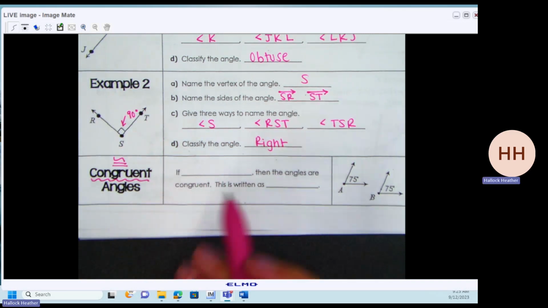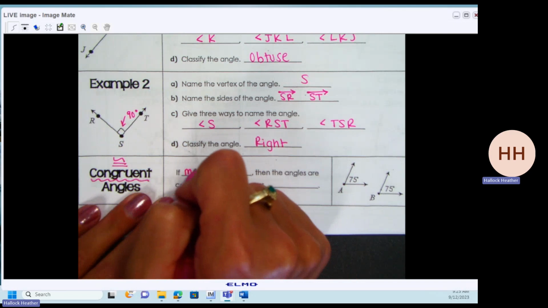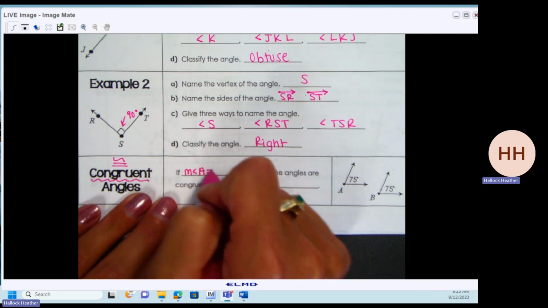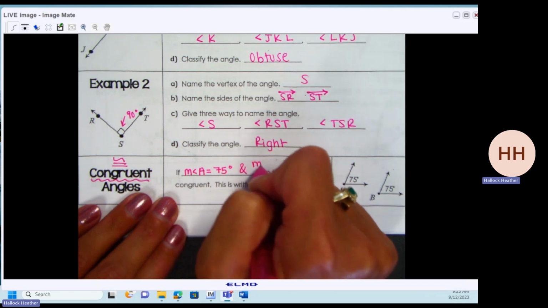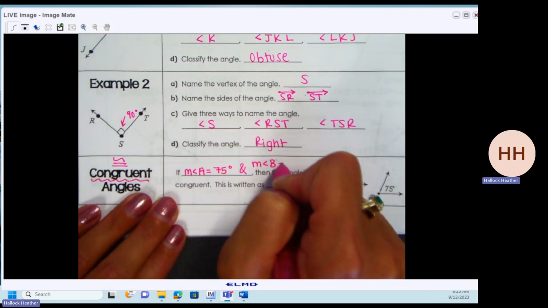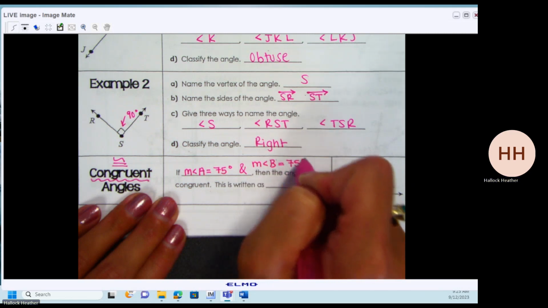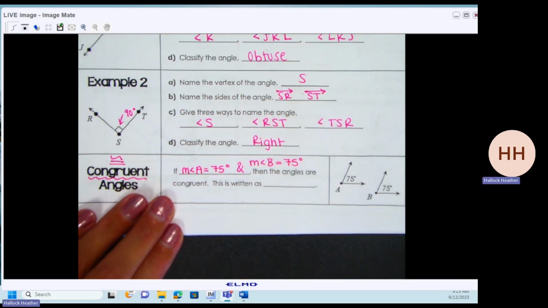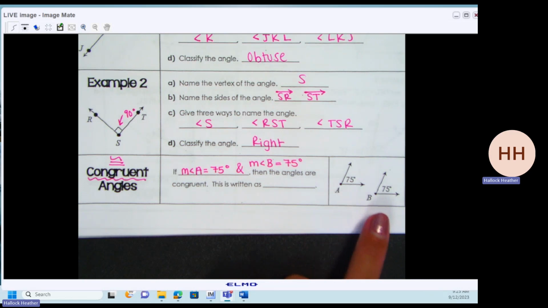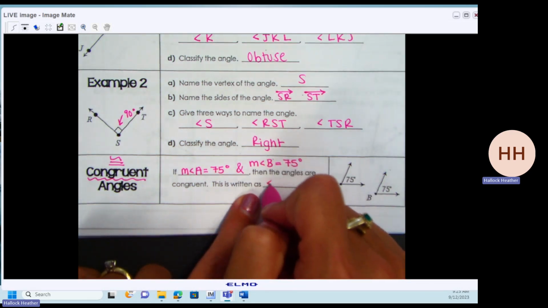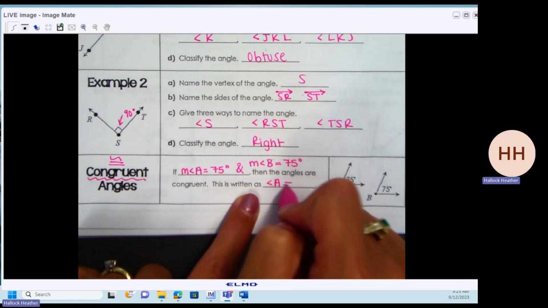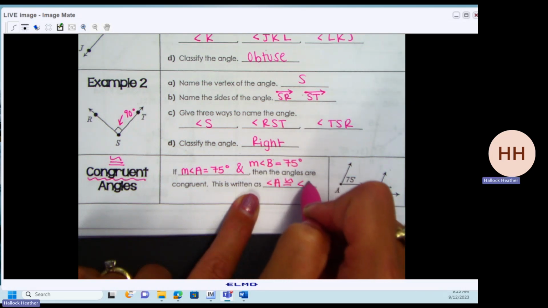So if I say that the measure of angle A equals 75 degrees, and I also say the measure of angle B equals 75 degrees, then the angles are congruent because they're both 75 degrees. Then what I can say is that they're congruent. The way I would write this is that angle A is congruent to angle B.